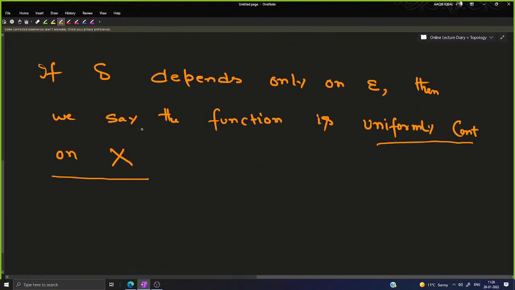और अगर आप इस epsilon delta में इसको capture करेंगे, इस uniform continuity को, तो इसकी ये होगी epsilon delta definition.